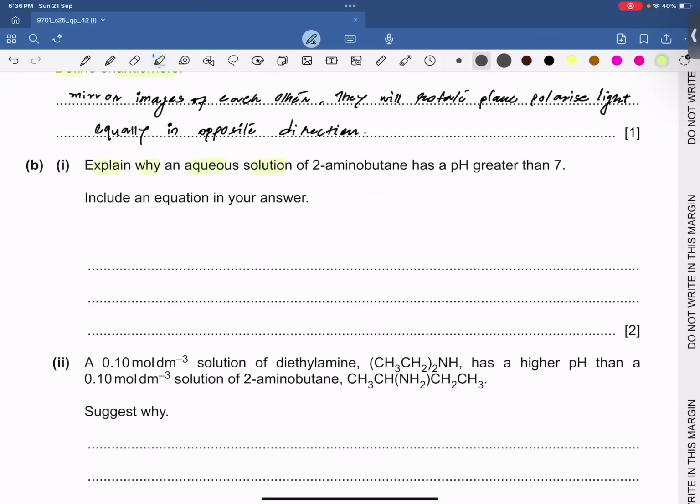Explain why an aqueous solution of 2-aminobutane has a pH greater than 7. Include an equation in your answer. Since the examiner is talking about an aqueous solution, which means 2-aminobutane is placed in water. So this is 2-aminobutane.